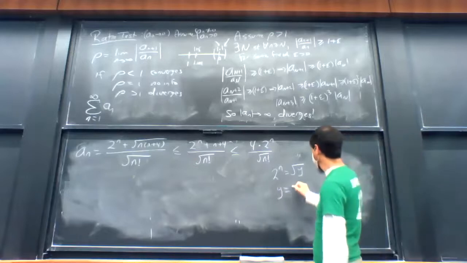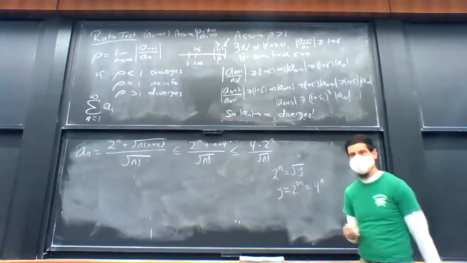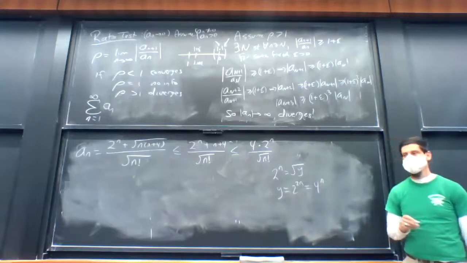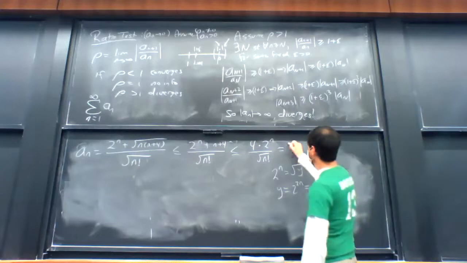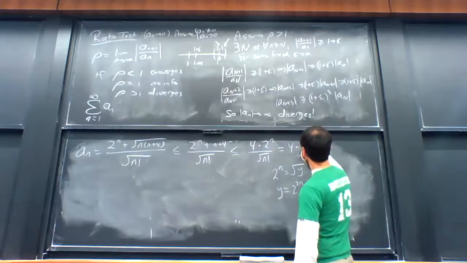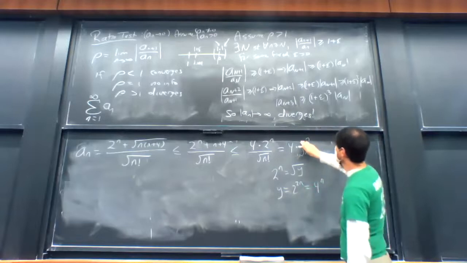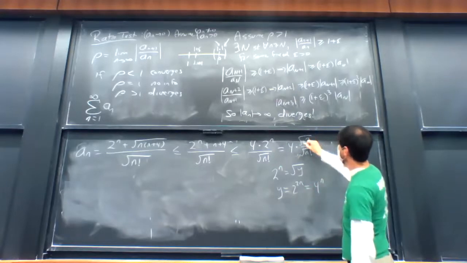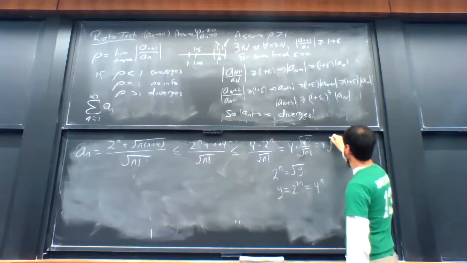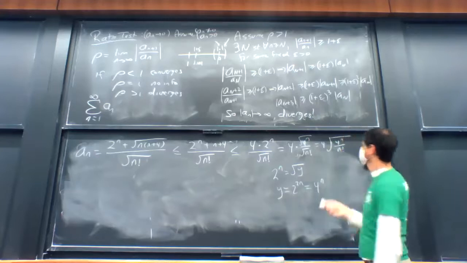So y is 2 to the 2n or 4 to the n. So this is the same as 4 times the square root of 4 to the n over n factorial.